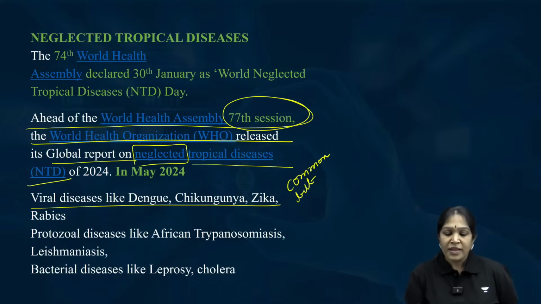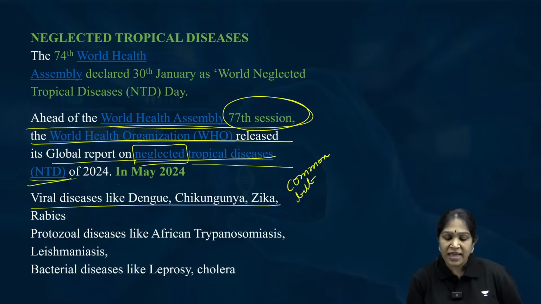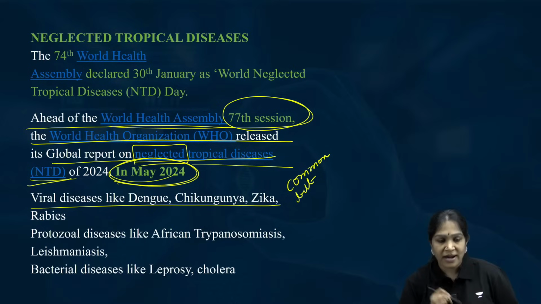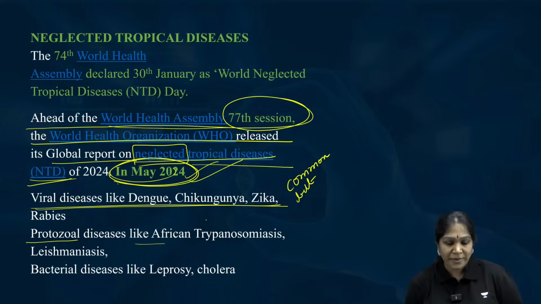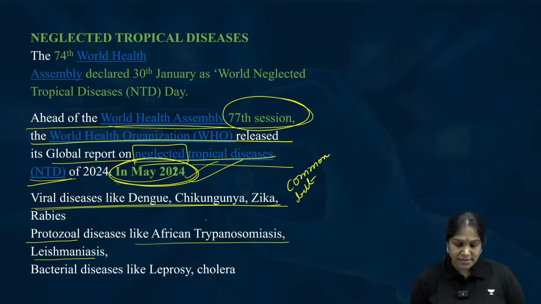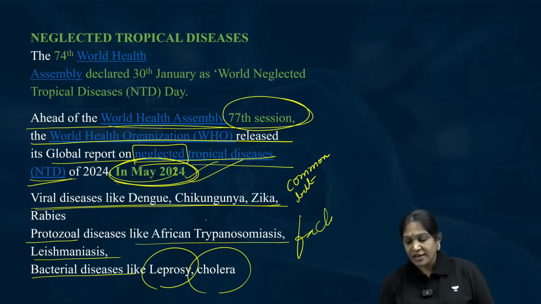Okay, so WHO released this neglected tropical diseases report in the month of May 2024. According to that report, some viral diseases like dengue, chikungunya, Zika, rabies, some protozoal diseases like African trypanosomiasis, leishmaniasis, etc. Some bacterial diseases like leprosy, cholera, etc. This is a factual question.